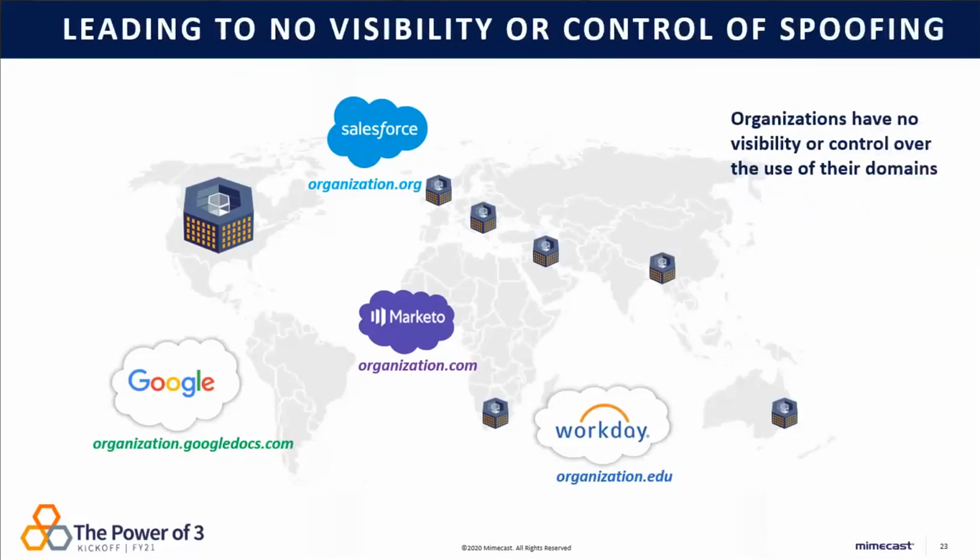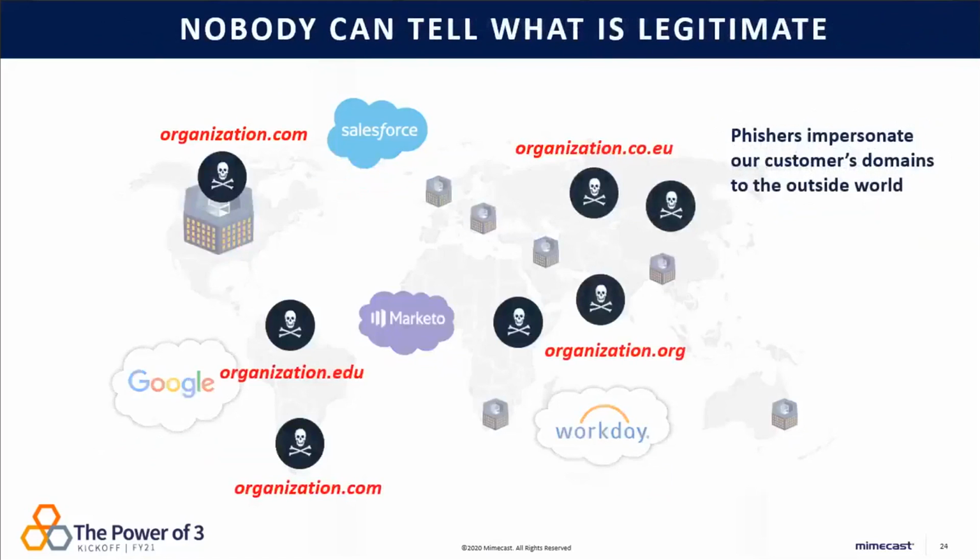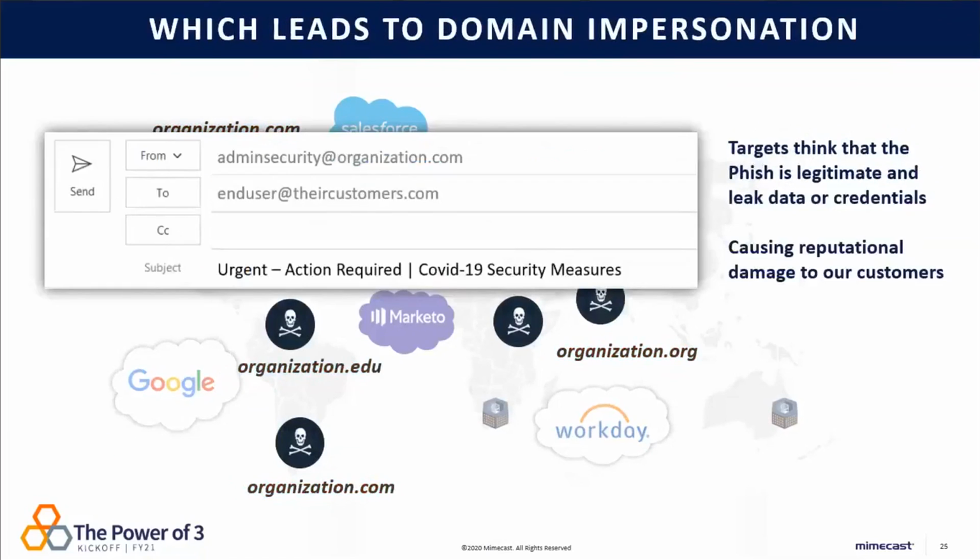Now, organizations don't have visibility or control of the use of their own domains. And the reason for this is phishers can now impersonate customer domains outside your own world. And nobody can really tell what is legitimate and what is not. So, how do they do this? They target this through phishing legitimate credentials that they've gathered, which eventually causes reputational and financial damage to your organization.